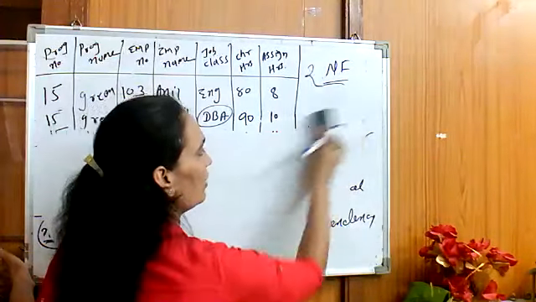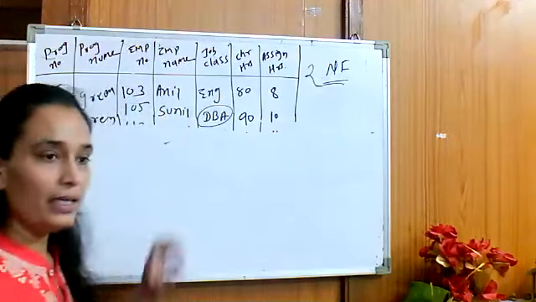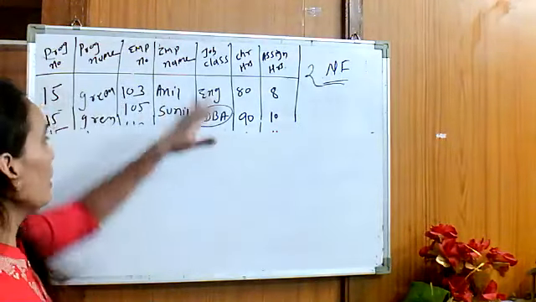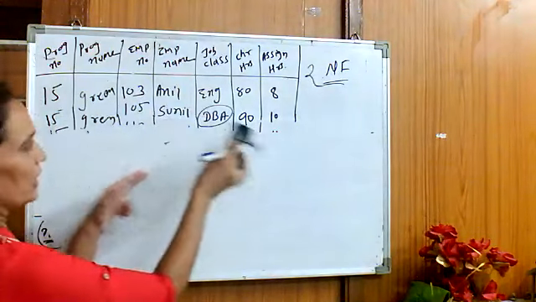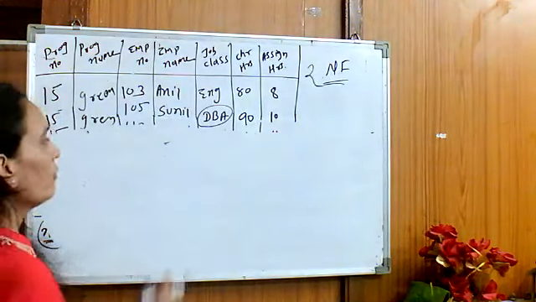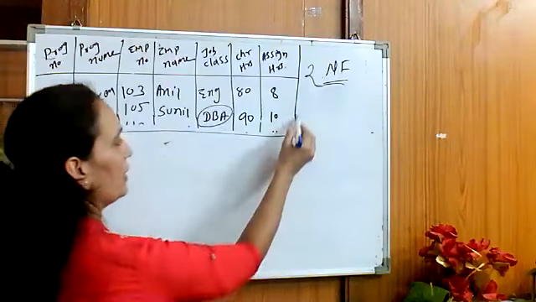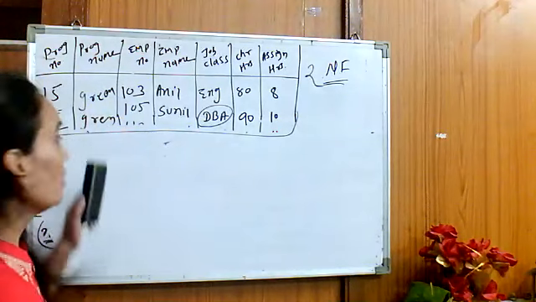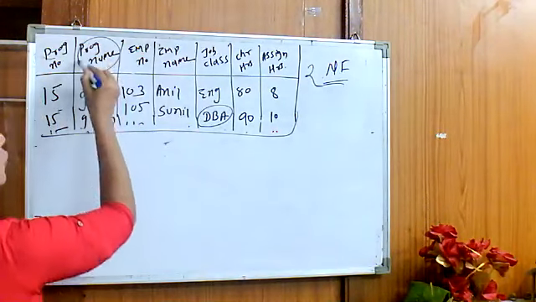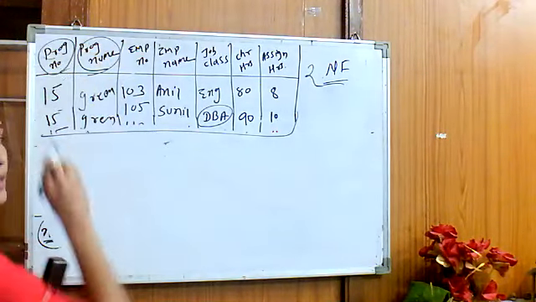To understand partial dependency, we will take the example of our project table. Here we have many columns and many dependencies. Which type of dependency exists here? Here, this is project name and this is project number.